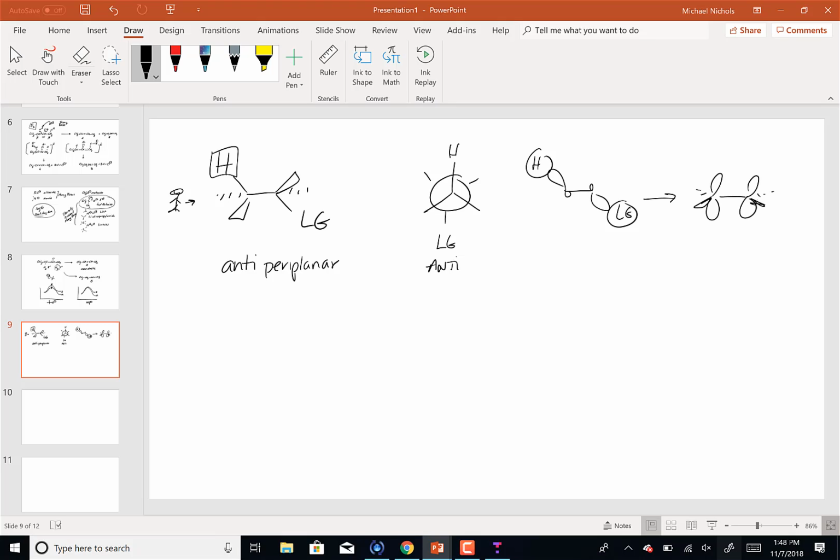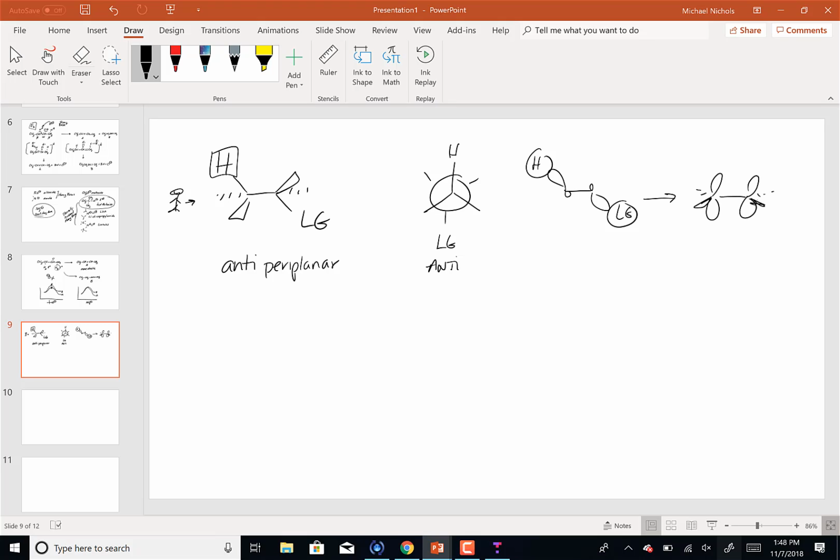Okay, so they have to start out periplanar because that's the least amount of movement for them to swing. And the least amount of movement means lowest transition state energy. Because every time you have to move something or rotate something, it costs energy and it jacks up the energy of the transition state.